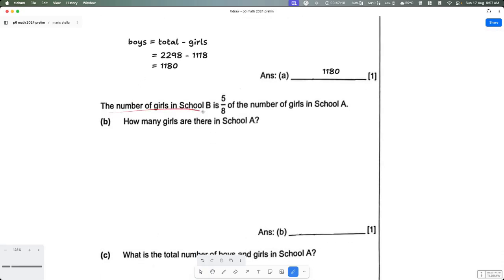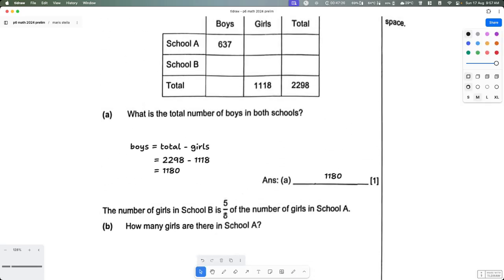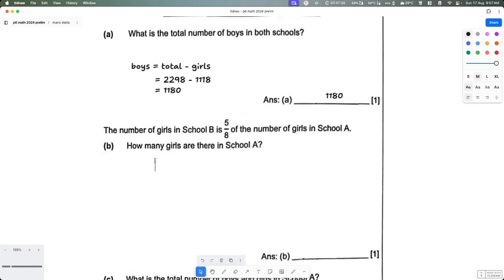Part B, the number of girls in school B is 5/8 of the number of girls in school A. How many girls are there in school A? So convert to units. School B girls is equal to 5 units, and school A girls is 8 units.